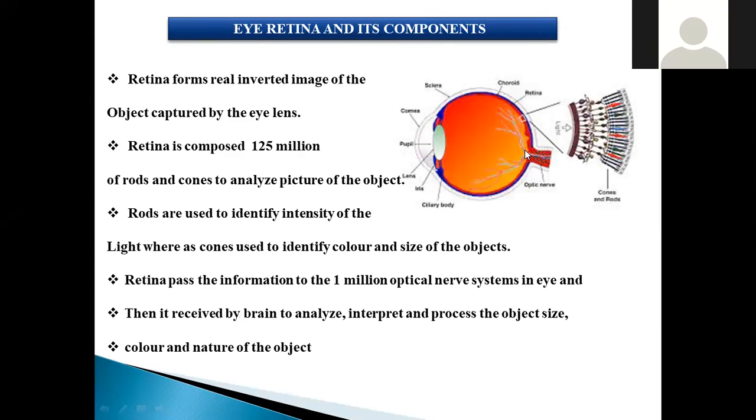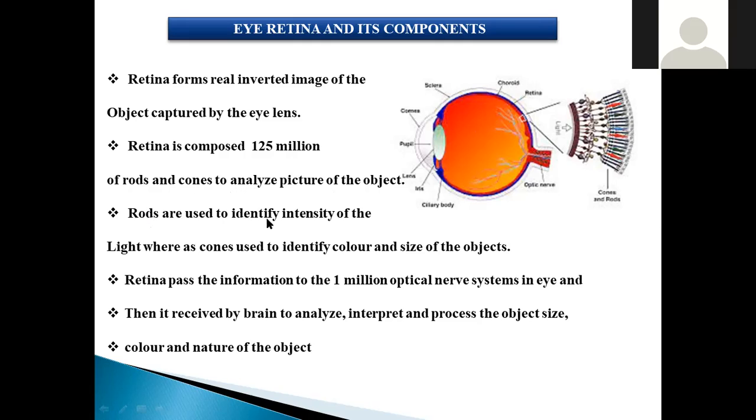The retina is the most important region where the image is captured with the help of the eye lens. There is a fixed length between the eye lens and the retina, and the retina is composed of 125 million rods and cones. On this retina we have different types of cells called rods and cones.